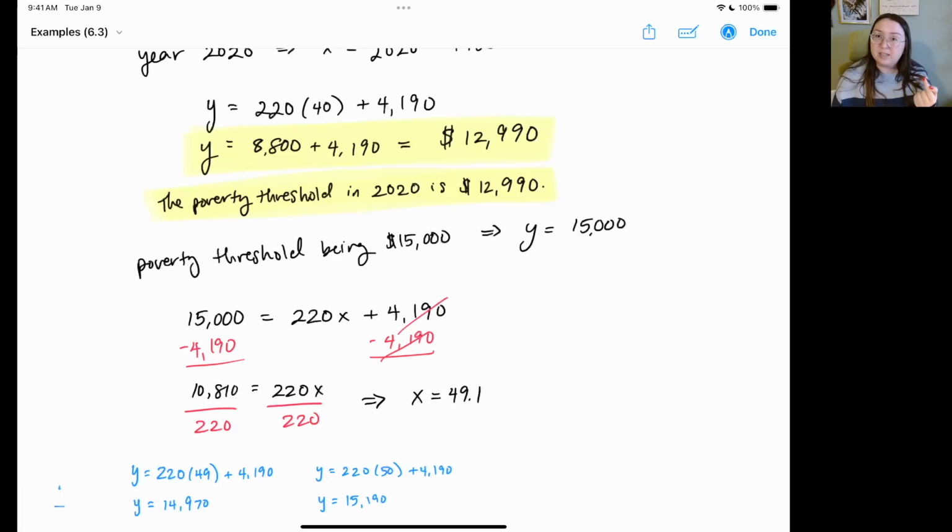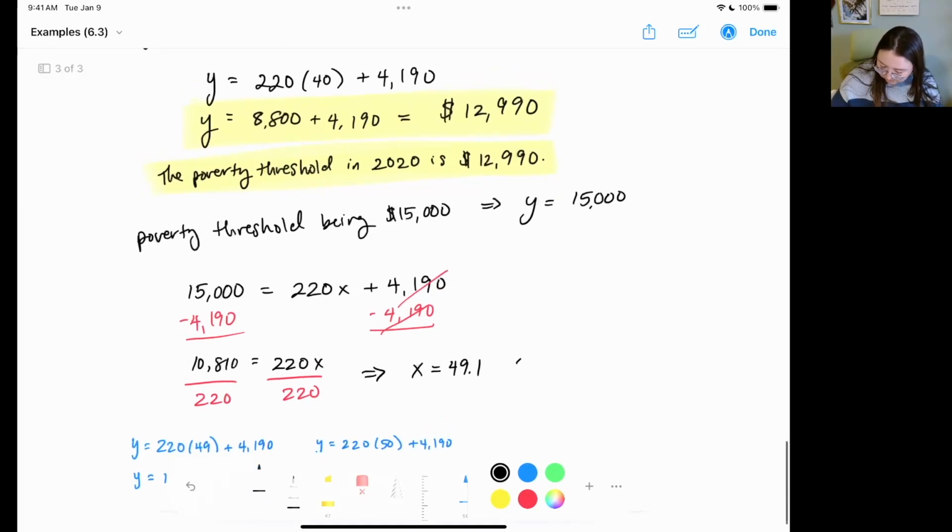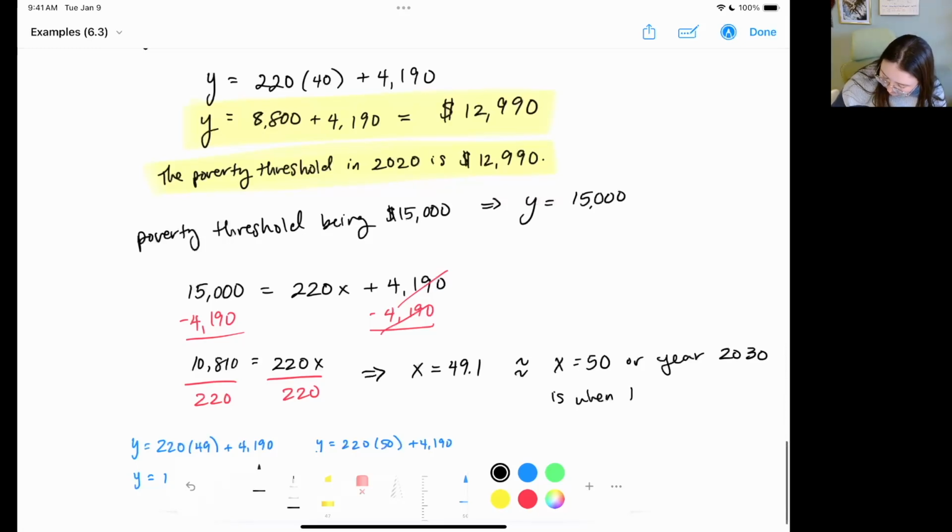So we're going to say that x equaling 50, or the year 2030, is when the poverty threshold will pass 15,000.